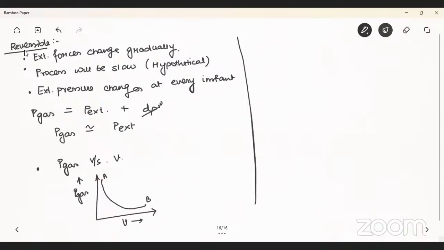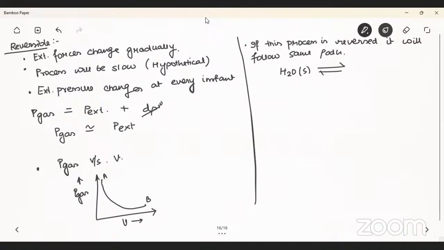Now, very important, if this process is reversed, it will follow the same path. For example, water in solid form to water in liquid form.